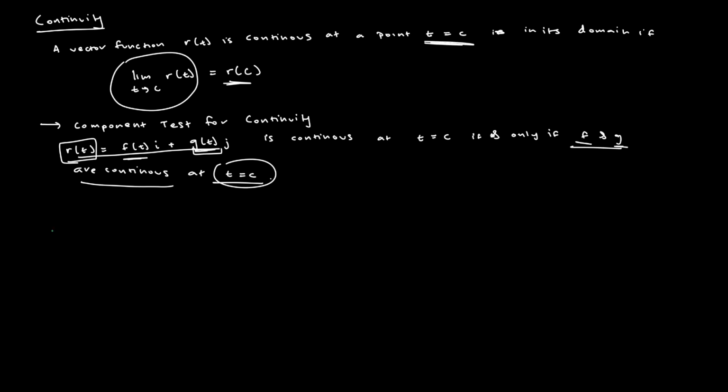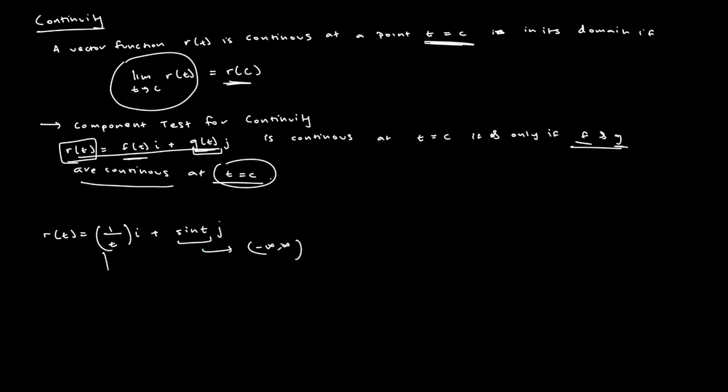So let's say we have some vector function r of t is equal to 1 over t times i plus sine t times j. We have to determine at what values of t this function is continuous. So sine t is continuous on all real values, right?